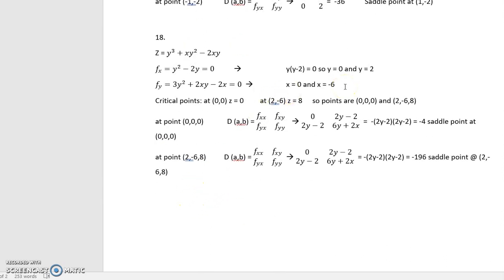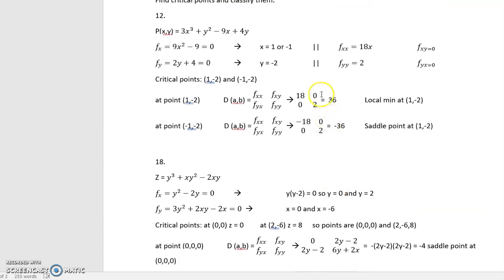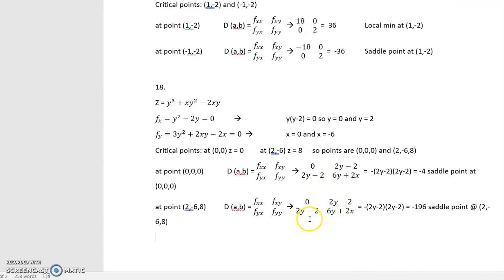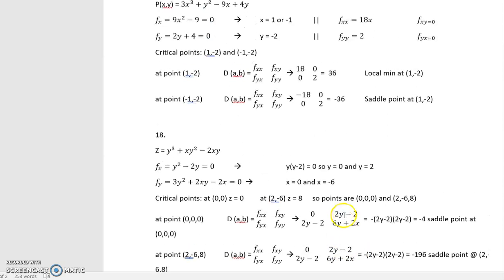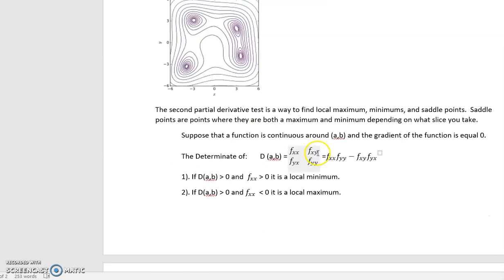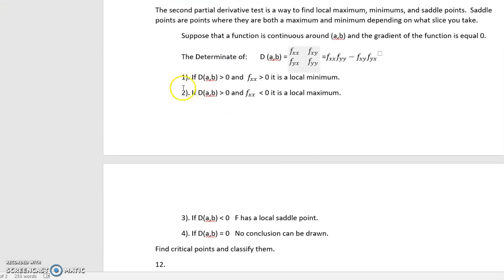A few things to remember before I leave is that, for example, the top right and the bottom left numbers have to be the same. So just here, for (0, 0), we have 2y minus 2. That has to be the same. And when you're doing that, remember this negative sign over here, because you're subtracting, as in the determinant. And also to remember, lastly, the rules.